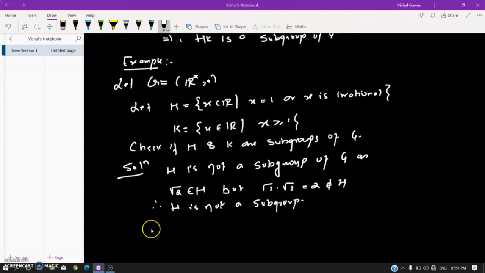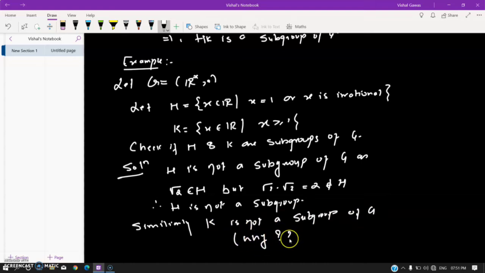Similarly, K is not a subgroup. Please find out why K is not a subgroup of G. Why on earth would that be the case?